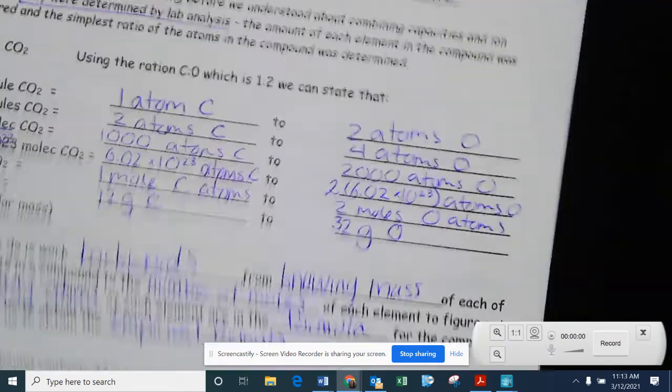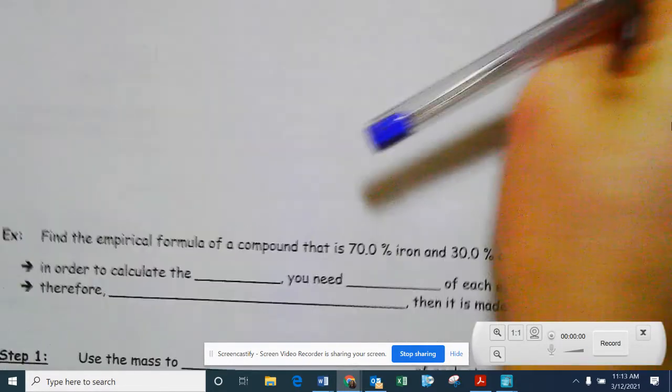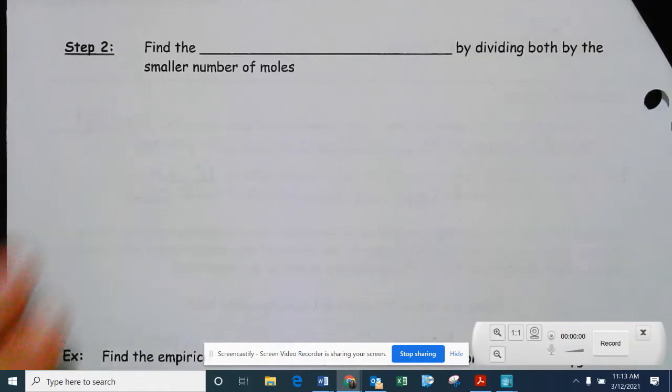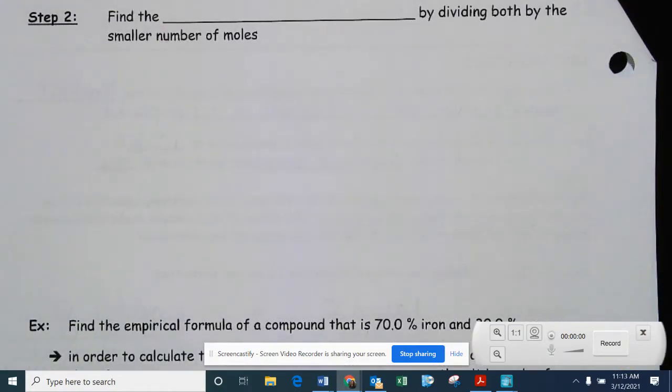Okay, let's go to the next page. All right, step 2. I'm just going to write down the information from the last page.